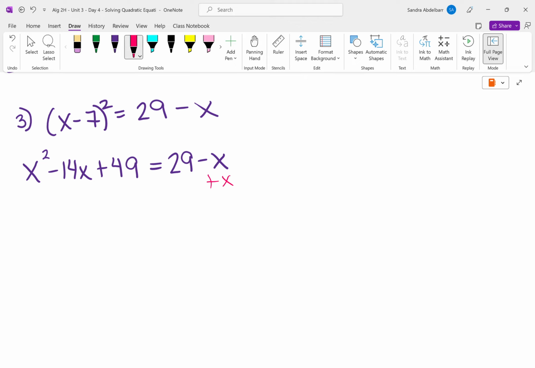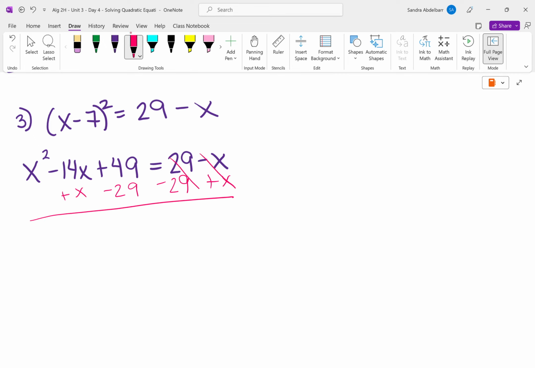Yeah, we're going to have to set it equal to 0. So we are going to add the x to the other side, and what else are we going to do? Any other ideas? Subtract 29, because we can't have it equal any number except what? 0. We need it to equal 0.